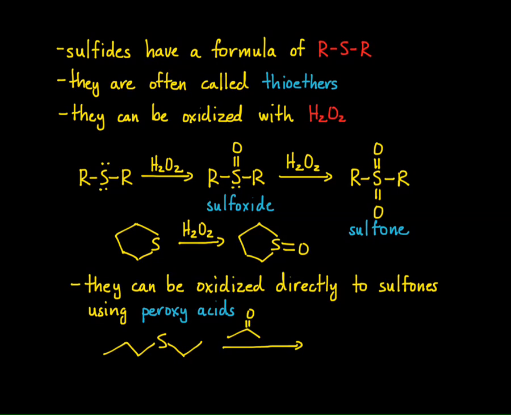So here is an example of my sulfide reacting with peracetic acid. And if I treat that with peracetic acid, now the sulfide becomes a sulfone, where I have two sulfur-oxygen double bonds present, right? A sulfone. Okay?